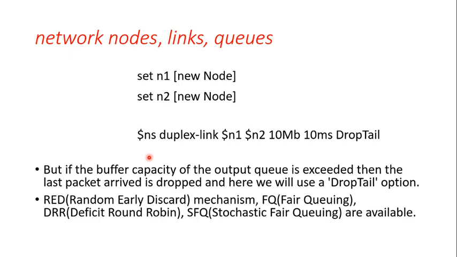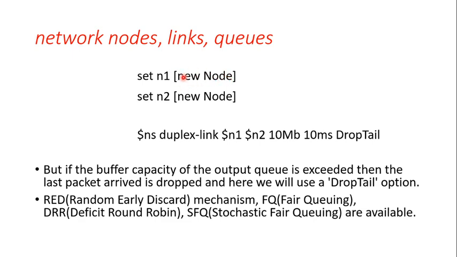So coming to the creation of a node, this is the simple command we'll be using to create the node: set, as usual a command, followed by n1, which is the pointer variable to the particular node, and new, again a command, and Node is the object, or you can say the class which is available in NS2.